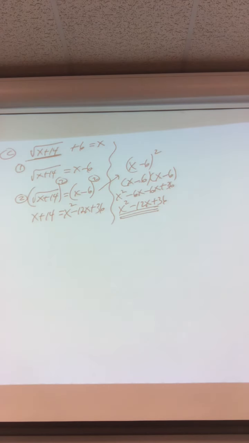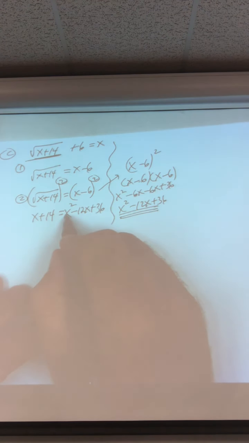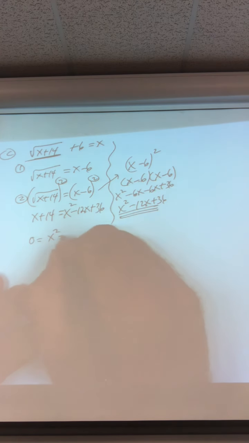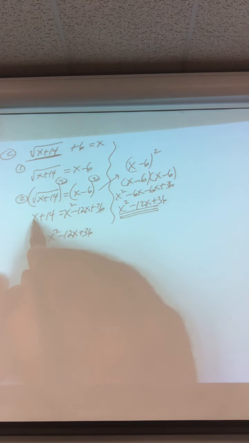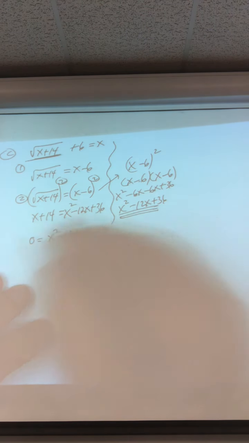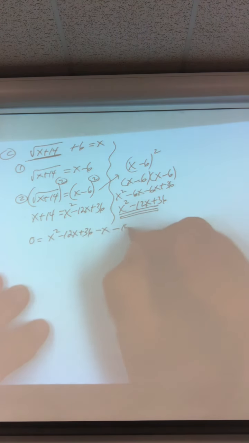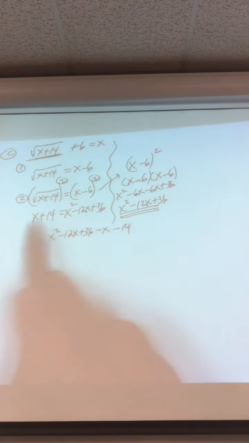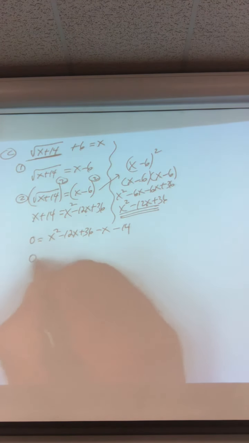So, I want that x squared to stay positive. So what I'm going to do is leave what's on the right side over there, and then move this x over, or subtract it from both sides, and then subtract 14 from both sides. So I subtracted x, subtracted 14. Or if you say move it over, I moved both of these over so it would be set to 0.